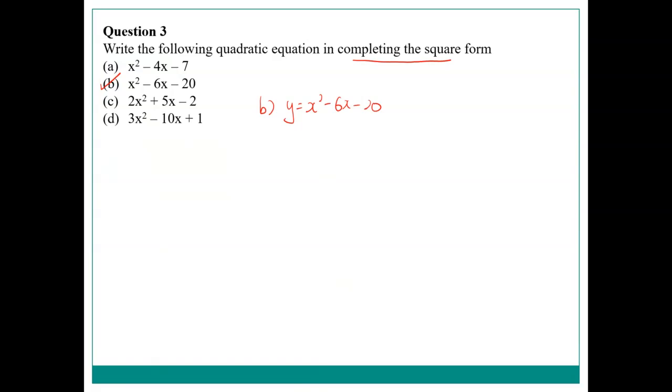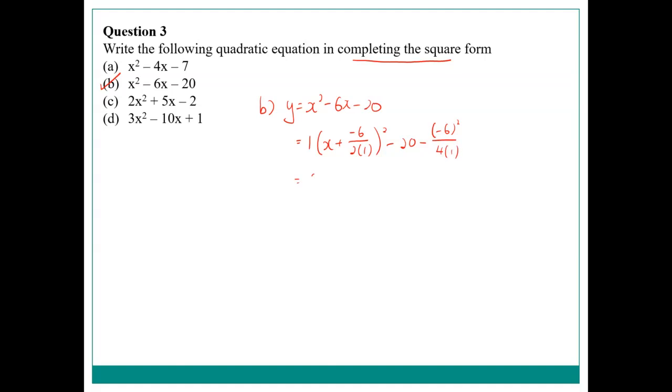So my a is equal to 1, and my b is equal to -6. So 1 times (x plus -6 over 2 times 1) squared, since my a is equal to 1, plus c minus b squared over 4 times a, which is 1.